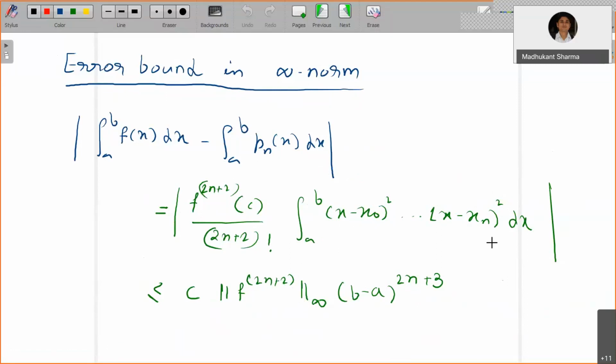Now, in the next case, we are going to look at the convergence of this Gaussian quadrature rule. Whether the quadrature rule that we have just derived is going to converge to the integration a to b f of x dx or not in the infinity norm. So that is our next topic.